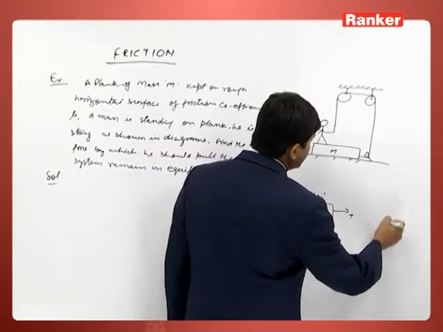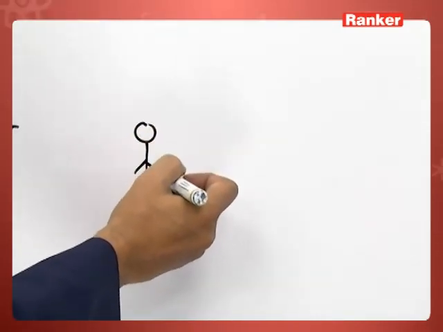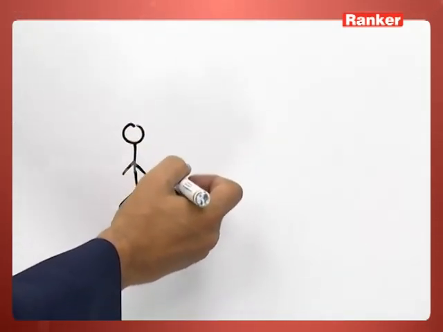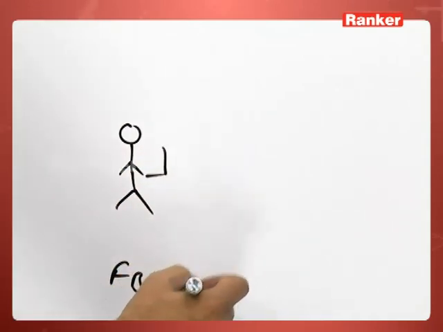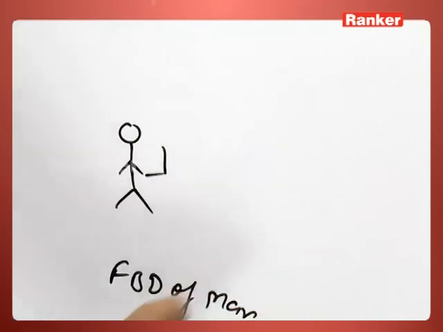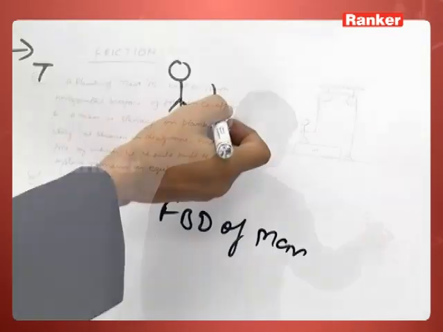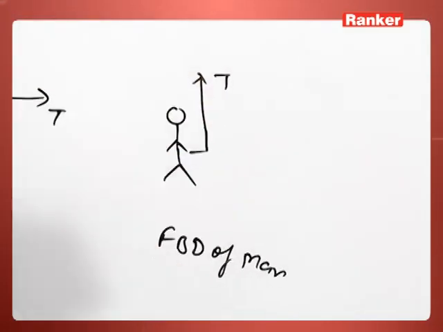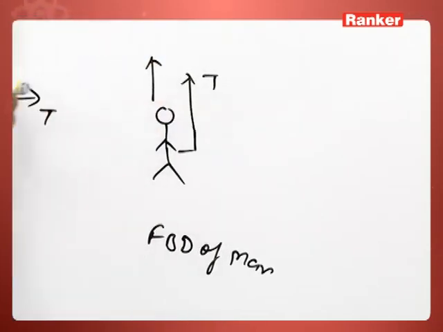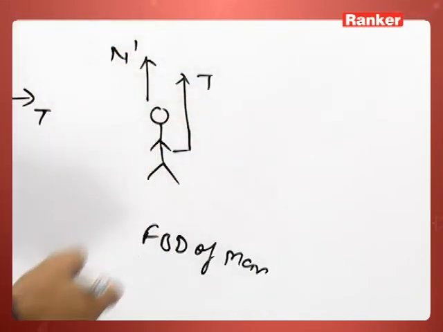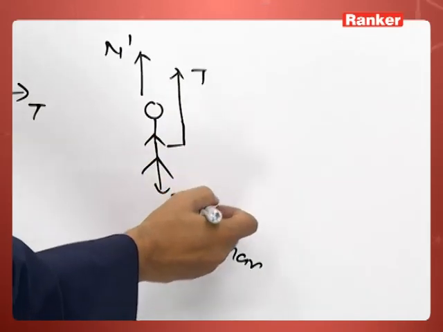Now the FBD of the man. If we look at the man like this, the forces are: tension T, which goes up here, another is the normal by the plank in the opposite direction, and the third is the weight mg.